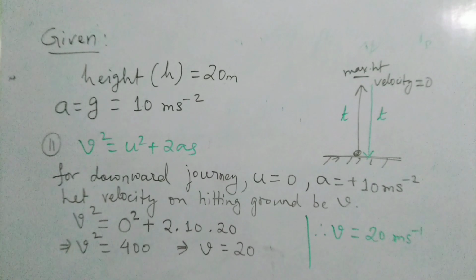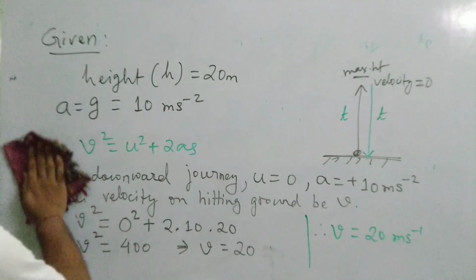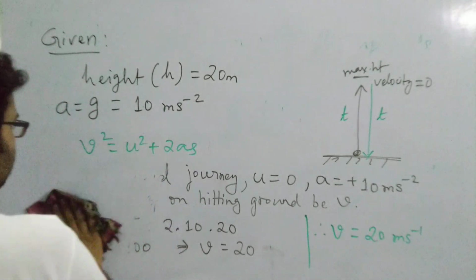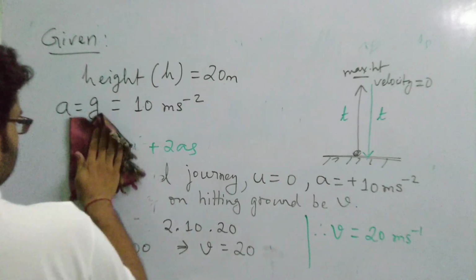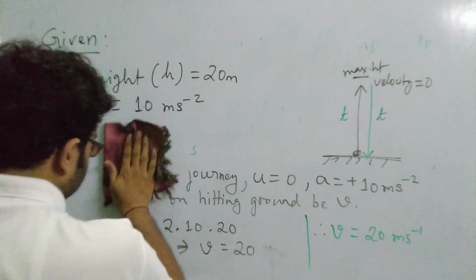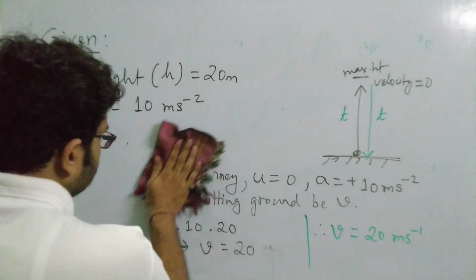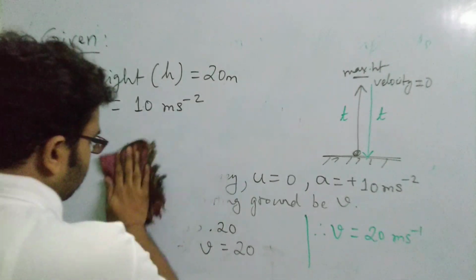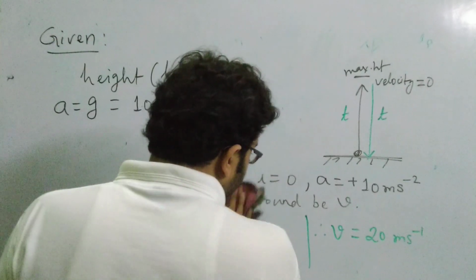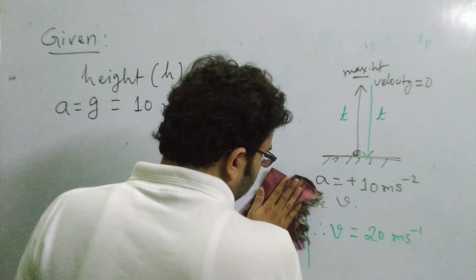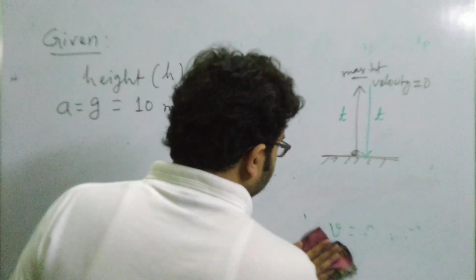So for determining the total time of the journey, what do you need to do? We can again simply apply the equation v equals u plus at, isn't it? v is equal to u plus at. So we have already seen that the initial velocity while being thrown up is 20 meter per second.